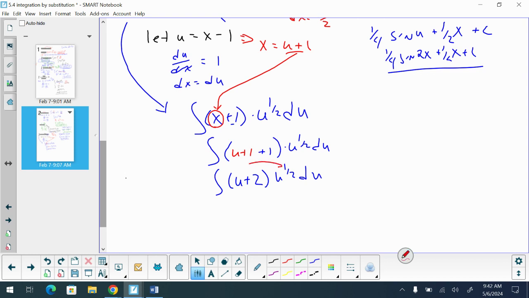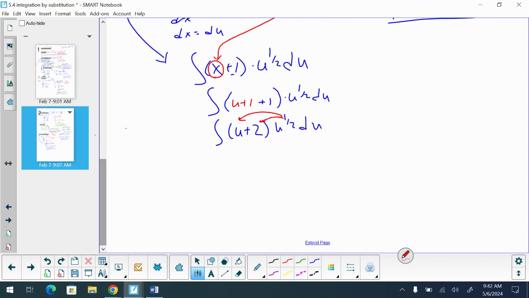We can distribute over both the terms. So we have u to the 1/2 times u to the first. If I have like bases, we need to add our exponents. So we have u to the 3/2 plus 2u to the 1/2 du.